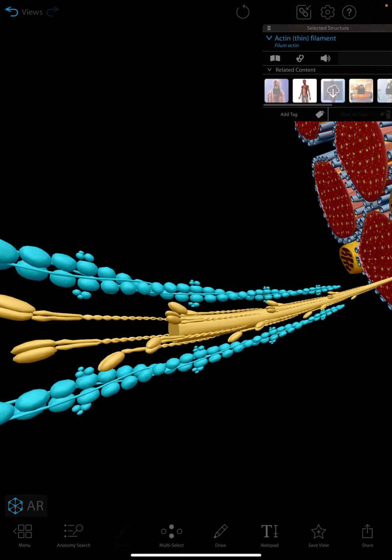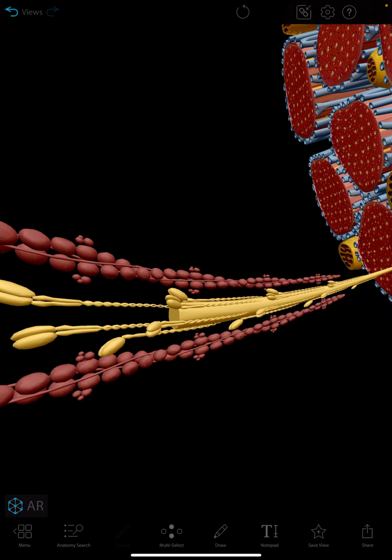It's called the thin filament. Now, on the surface of actin, there are some additional myofilaments called troponin and tropomyosin, which are regulatory myofilaments, whereas the actin and the myosin are contractile myofilaments, meaning these are what actually produce the muscle contraction.